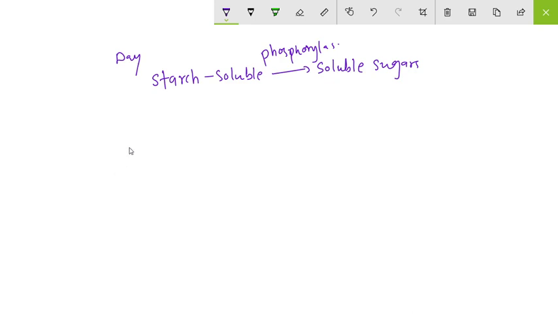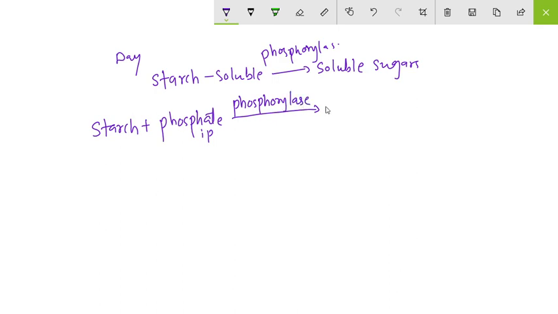We will draw here the starch in presence of inorganic phosphate, that is IP, and the enzyme phosphorylase at pH 7 or alkaline pH.